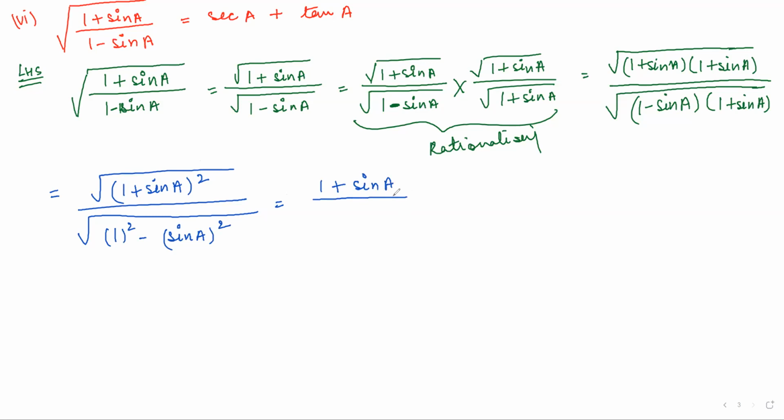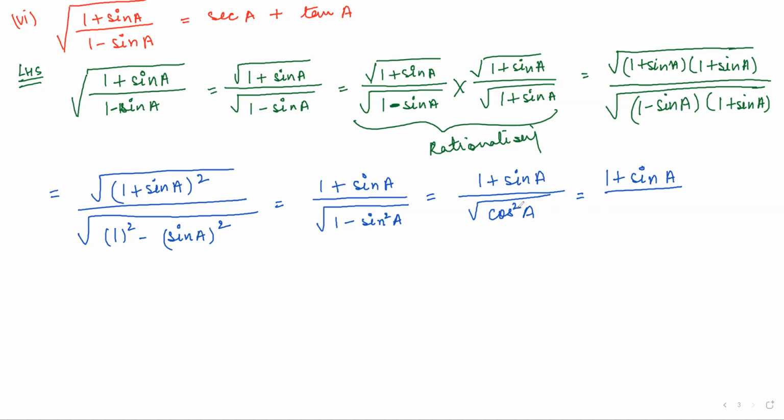Correct? And then I can write it like this: 1 plus sine A divided by under root 1 minus sine square A. Now from identity number 1, 1 minus sine square A is equal to cos square A. So 1 plus sine A divided by, again square and square root, so only cos A will remain.